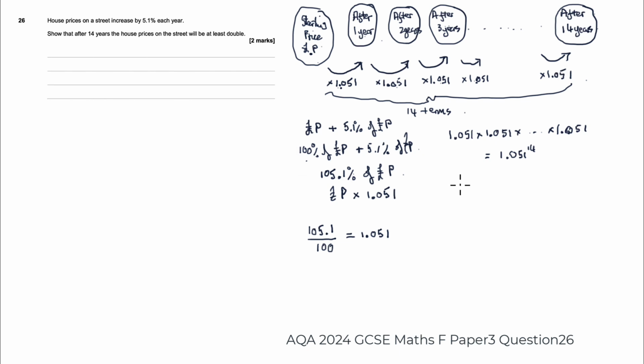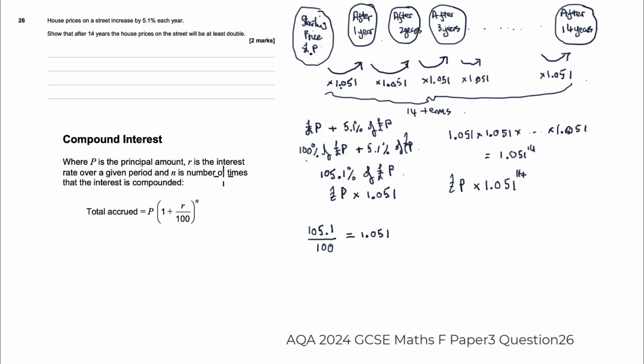So we would take the initial price and multiply it by 1.051 to the power 14. Now, incidentally, you do get a formula sheet, and there is a relevant formula on that formula sheet. And it's to do with this. There's the initial price, and in the case we are looking at, the rate of increase was 5.1%.